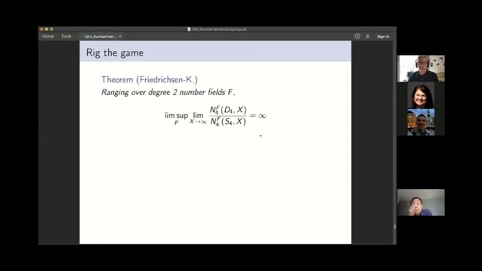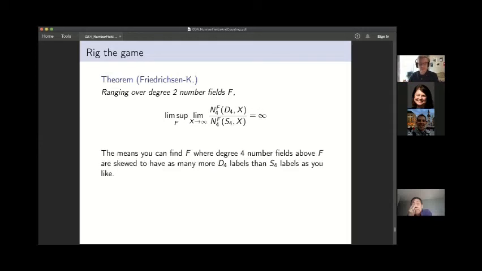So what we prove is that if you look over all degree 2 number fields, so all things that look like Q adjoining the square root of 2, or things analogously defined, and then you consider the ratio of the number of things with a D4 label to an S4 label, this whole expression tends to infinity.